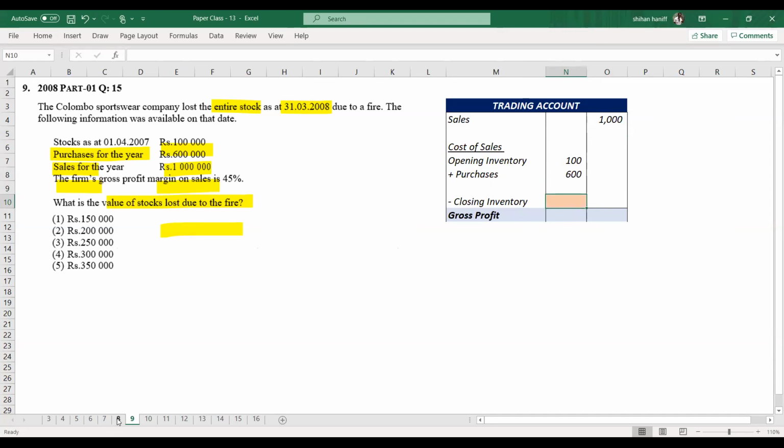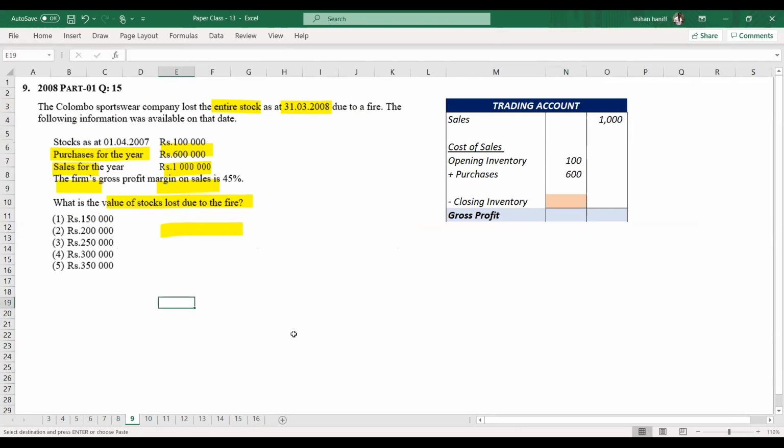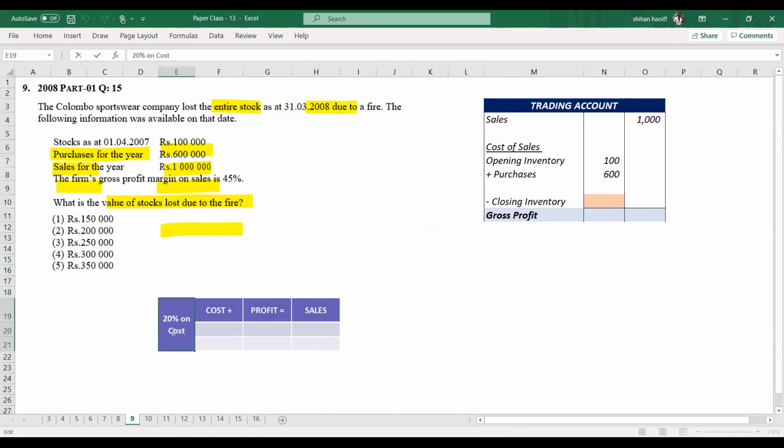Gross profit on sales is 45%. Right. So let's type this.